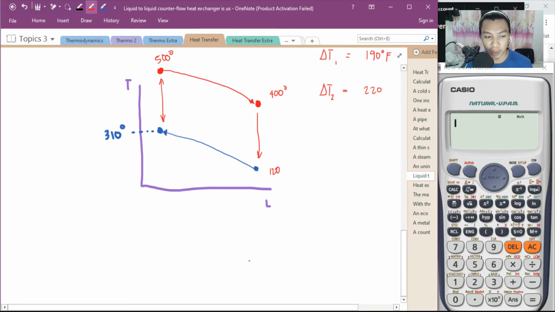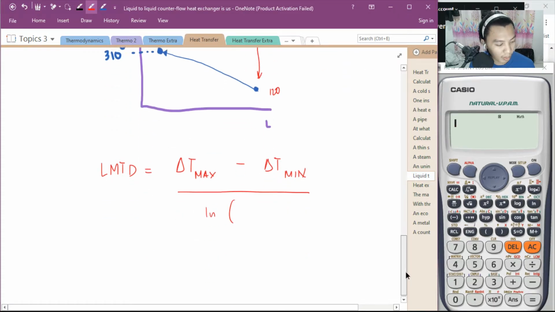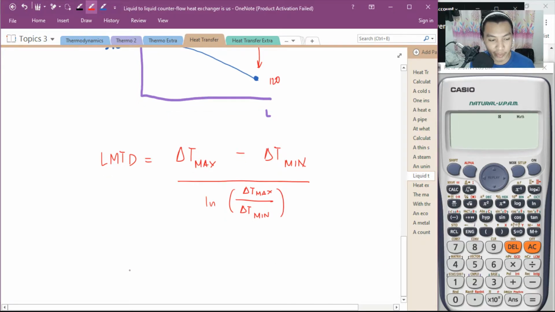Okay, pwede natin map out. The logarithmic mean temperature difference, LMTD, is equal to delta T max. Nasaan yung maximum mo? Ayun, nandito. Minus delta T minimum, divided by ln, the natural logarithm of delta T maximum divided by delta T minimum. Yan. So, let us solve for LMTD. LMTD equal to delta T max. O, di 500.